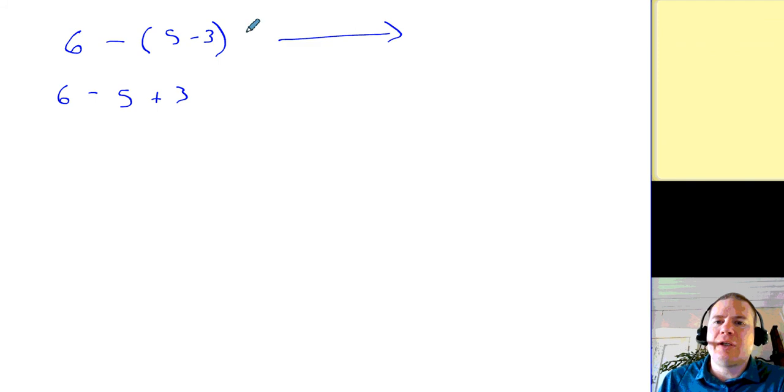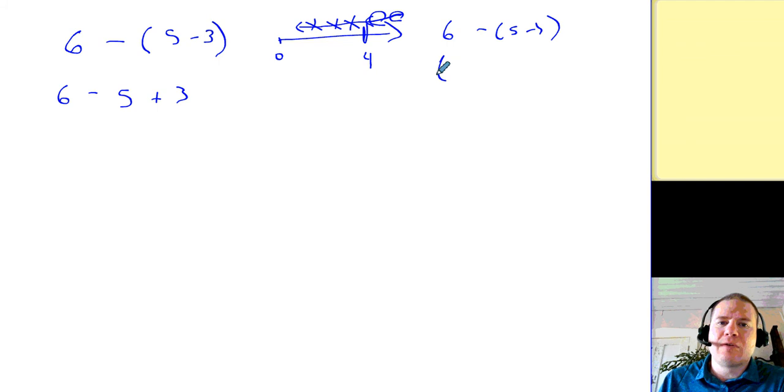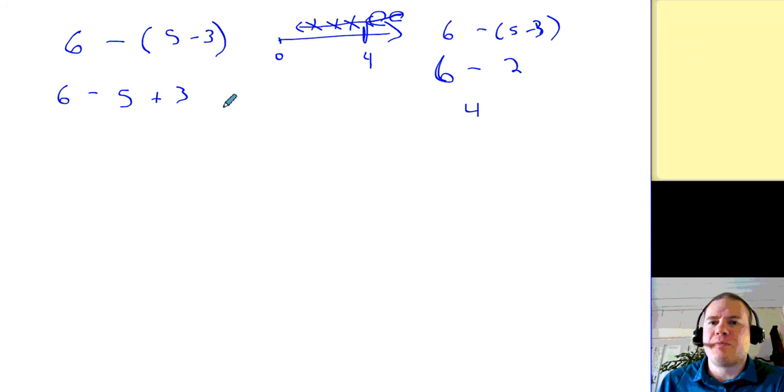I could say 5 minus 3 is 2. So I've moved forward 6, and then I moved backwards 2. I've moved backwards 5. Nope, I cut off 1, 2, 3 of those 5. I only moved backwards by 2, so I'm at 4. There's my illustration of 6 minus 2, which is 4. That's an ugly 3 there.